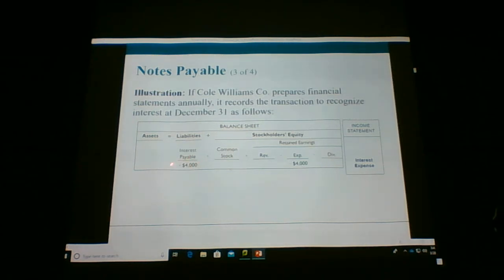Well, we didn't have an asset that went up here, but we did have a liability that went up. So in order for the accounting equation to hold true, we have to hit retained earnings for $4,000 as soon as we recognize this liability. And here we have the actual math that I had forgotten was here. $100,000 times 12% times 4 over 12 months is your $4,000.